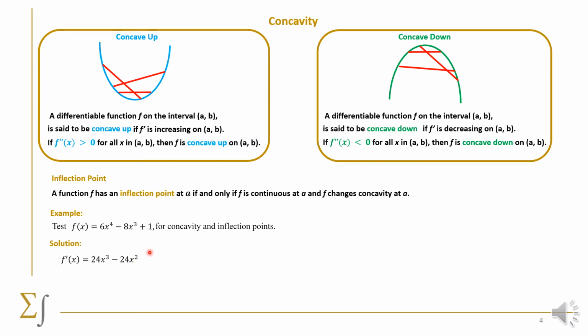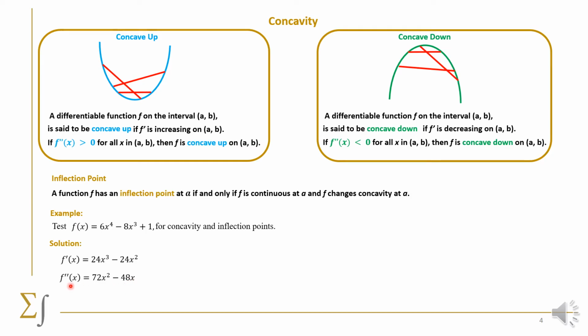We have the 1, which differentiates to 0. Now we find the derivative of the first derivative, so we need f double prime. F double prime of x is equal to, what's the derivative of the first term in f prime? 24x cubed is differentiated to 72x squared, and we differentiate minus 24x squared to minus 48x.